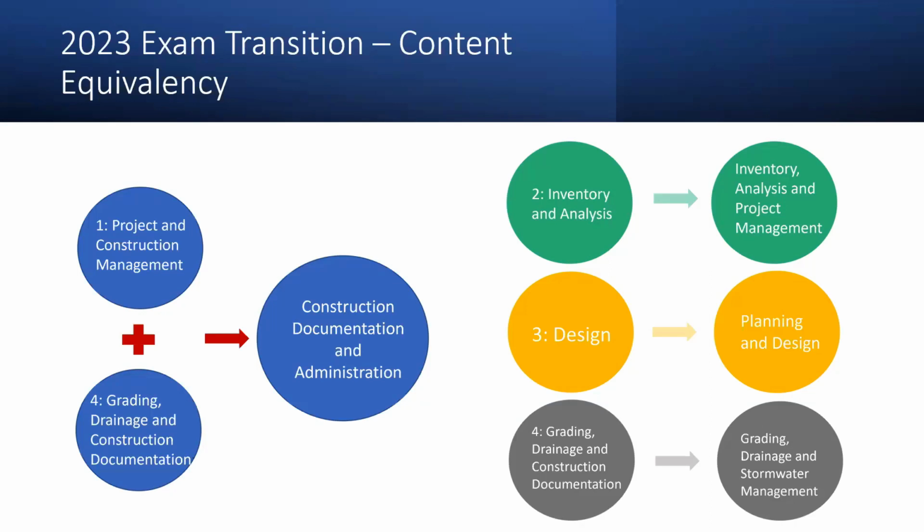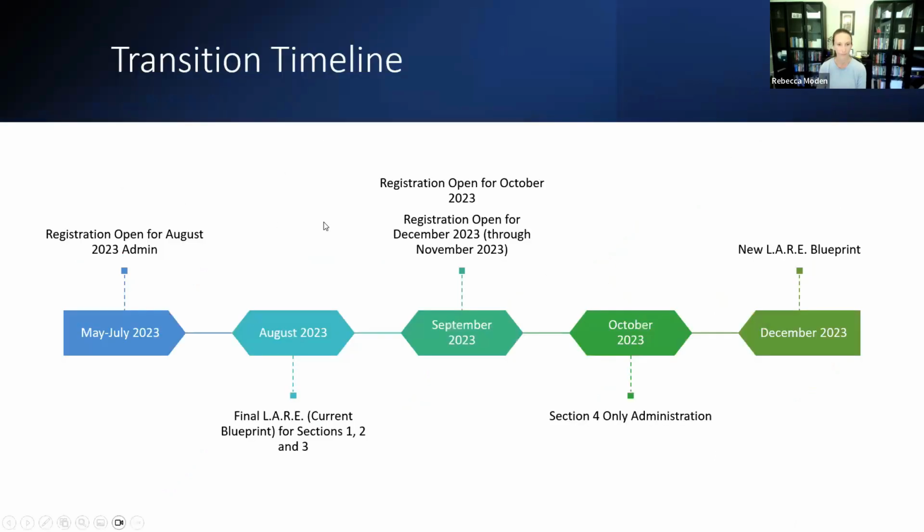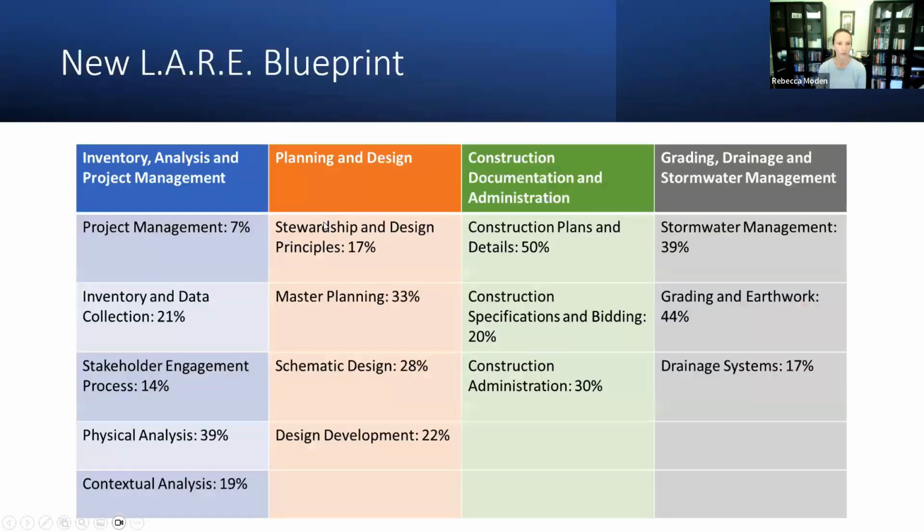I was asking, can you describe in more detail the pass and fail feedback? Sure. So if you take inventory and analysis and project management, you're going to get some language that tells you how you performed on the project management section, compared to candidates who were successful.